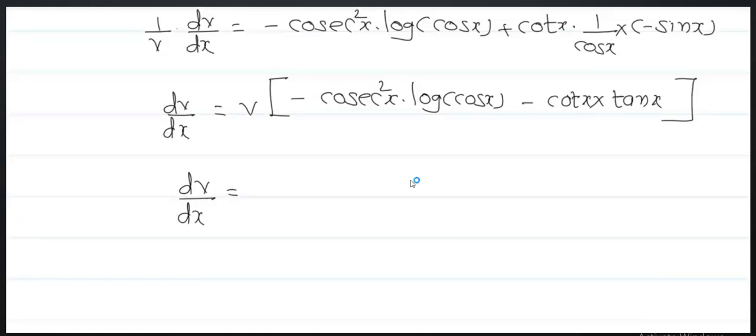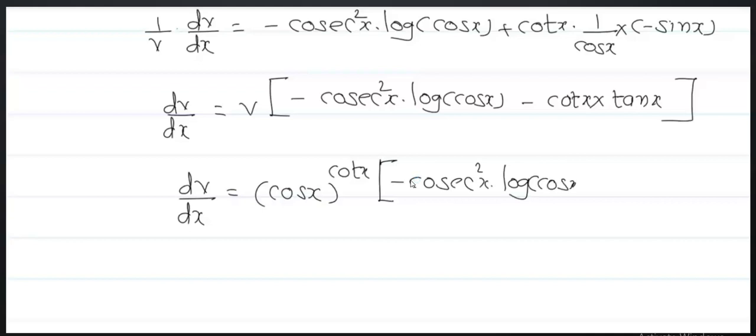Therefore, dv by dx is equal to cos x raised to cot x, in bracket minus cosec square x into log of cos x minus 1.